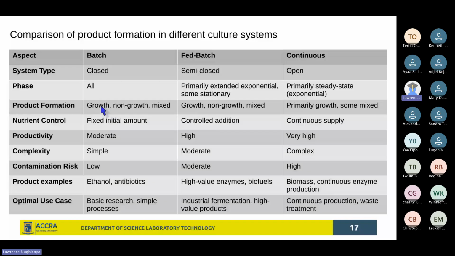You have some in the stationary phase. So if you put all that together, then of course you can classify that batch system to be growth, non-growth, and mixed associated growth systems. Fed batch is similar, the same thing, just like the batch system, also having a mixture of everything.